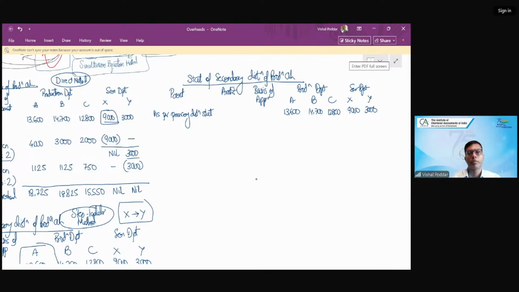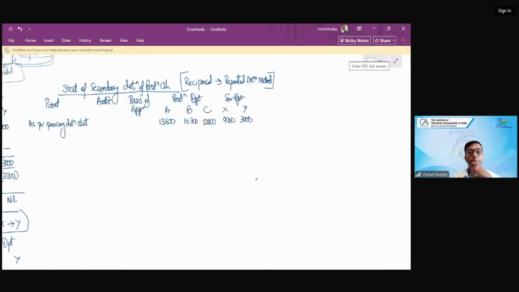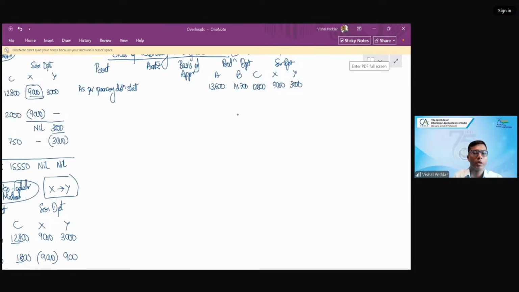Now, we solve it by our third category, reciprocal, and within reciprocal, we are doing it by the repeated distribution method, which is also the same as the trial and error distribution method. Now here, both X and Y are giving to one another, correct?